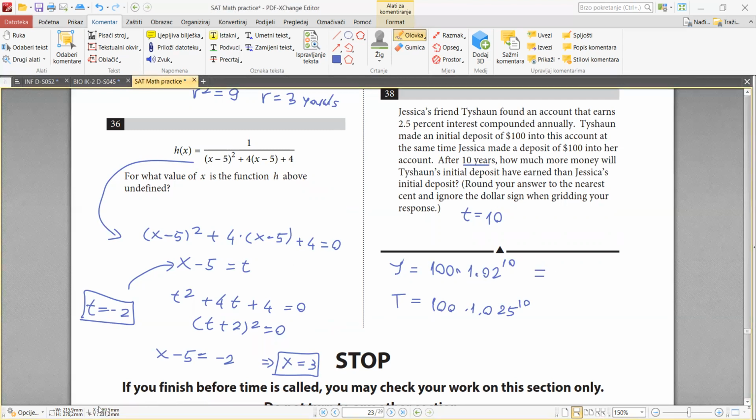So Jessica will earn 121.9 in dollars, and Tyshawn will earn $128. So the difference is $6.1.